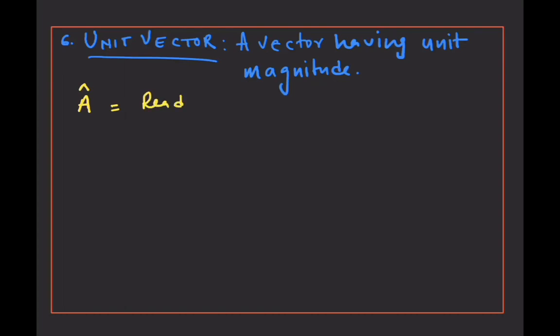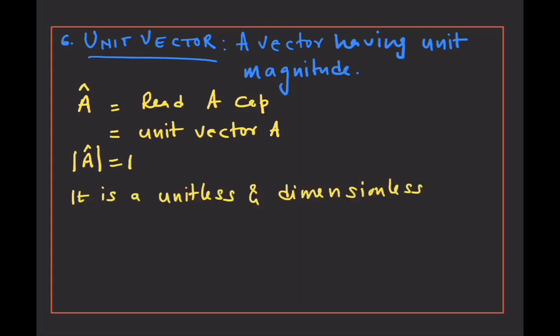We can read this as A cap or unit vector A. Its magnitude is always equal to 1. It is unitless and dimensionless, and it represents direction.